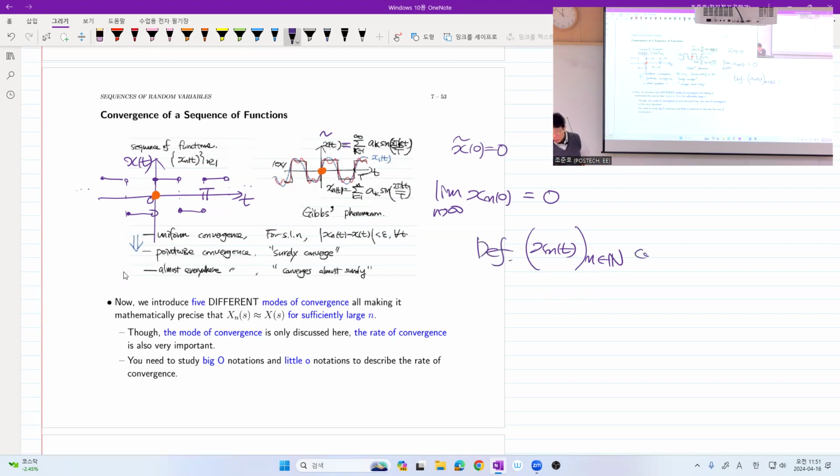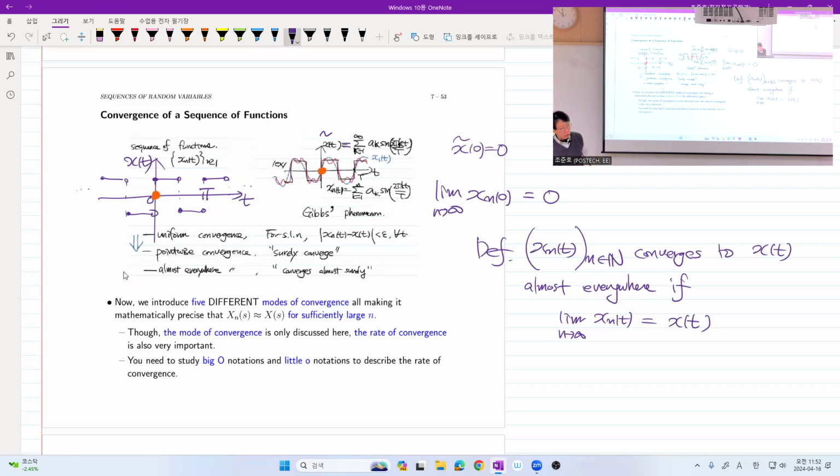The sequence converges to x of t almost everywhere if the limit of x_n of t when n tends to infinity equals x of t, right?